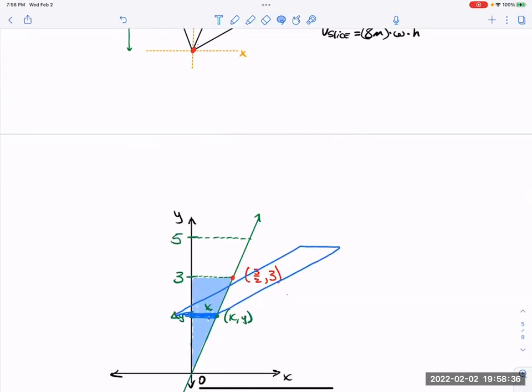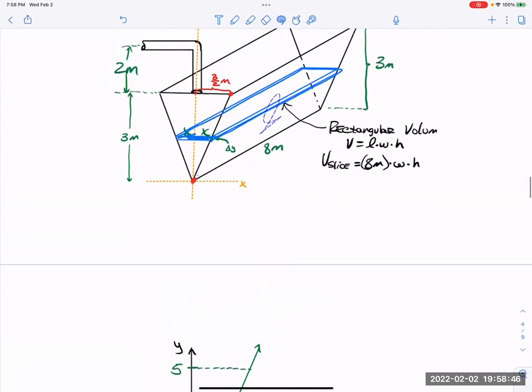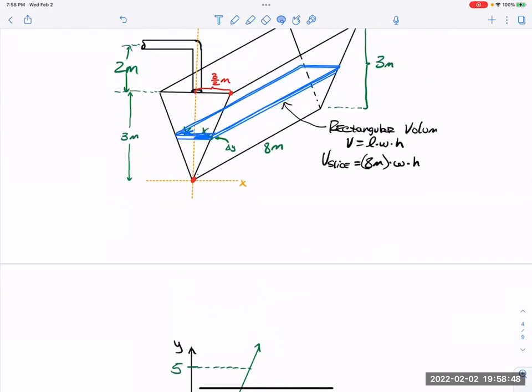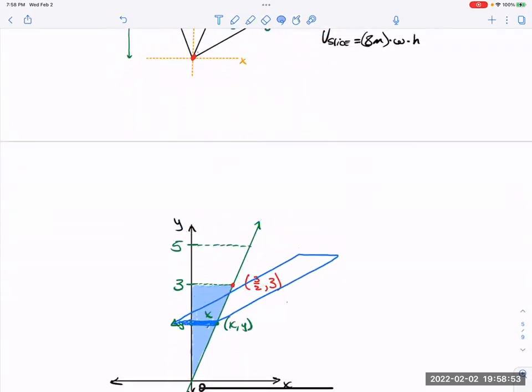Just like that. There's a little bit bigger here. But what we're seeing is I'm trying to model this cross section, right? This cross section represents a slice of water, and I'm trying to model it with this function down here. That's what we're doing here.